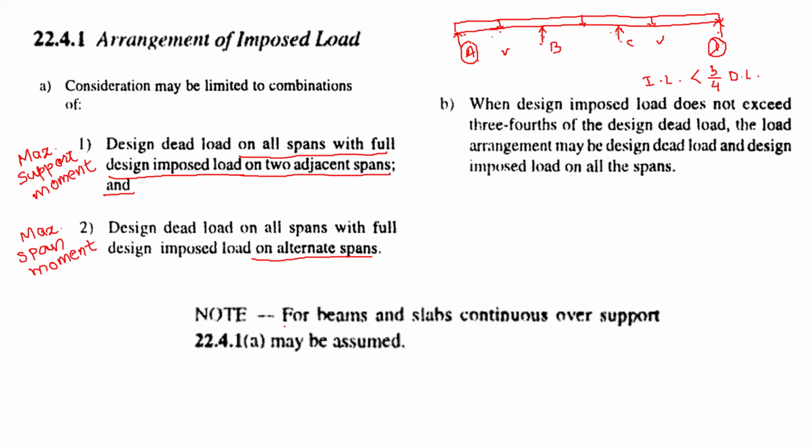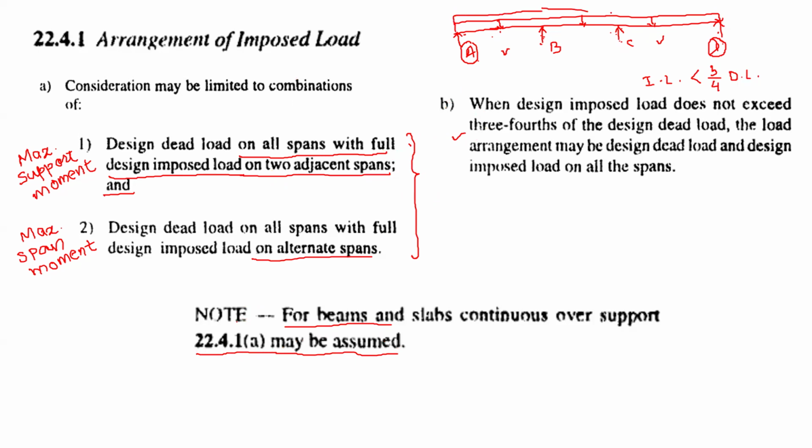In the note, they have mentioned that for continuous beams and slabs, clause 22.4.1a may be used. This means for beams and slabs we have to use only these two conditions, and we will not go for the all-spans condition. Otherwise that condition would be satisfied, with dead load and live load on all spans.